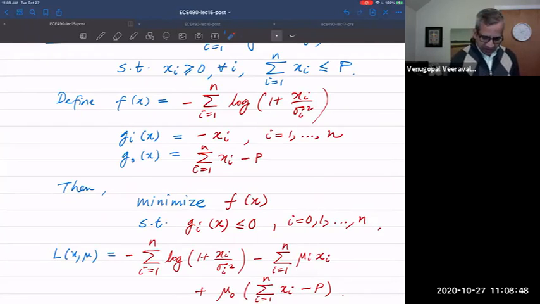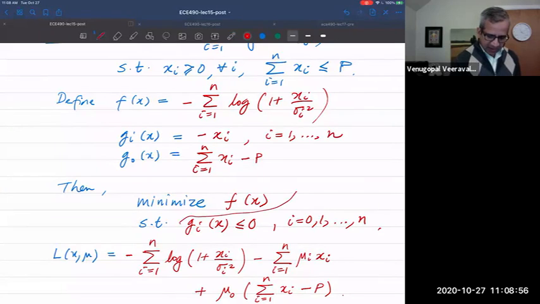So you can think of adding a constraint that X belongs to S, where S is the set of X's for which 1 plus xi divided by sigma i squared is positive.